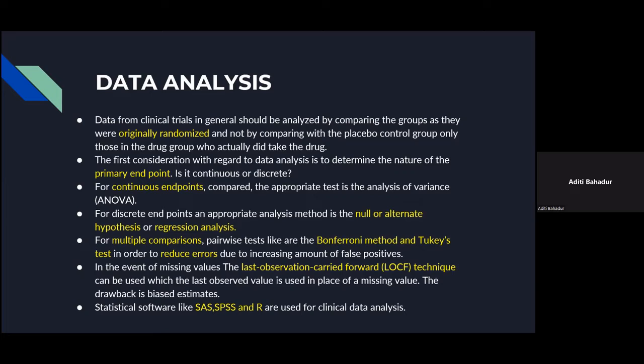So these kinds of endpoints would greatly influence our type of data analysis methods. Here are a few examples. For a continuous endpoint, a very appropriate test could be the analysis of variance, also called ANOVA. This is used when you have two or more comparison groups.